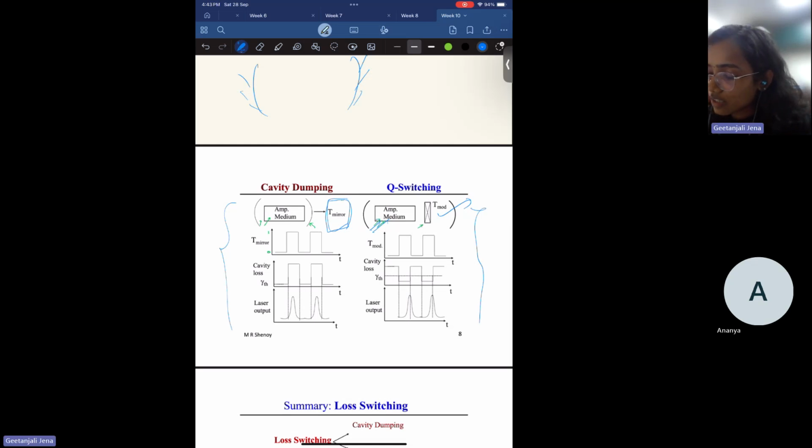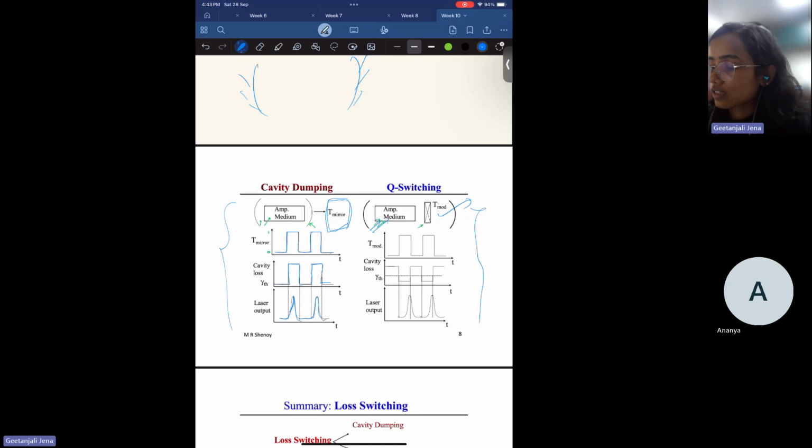If you see this figure, the transmittance through the mirror M2 is periodically changing by changing the reflectivity. According to that, you will see a variation in the cavity loss. And depending on the transmittance or reflectance, we will see a pulse laser output through this cavity.